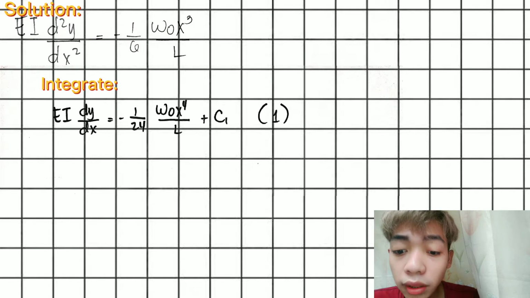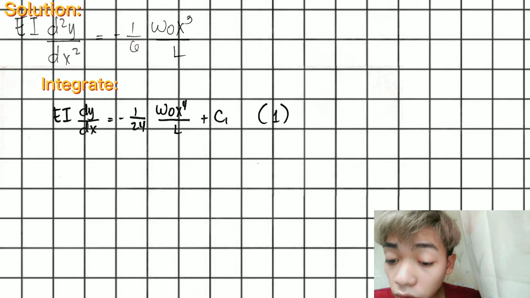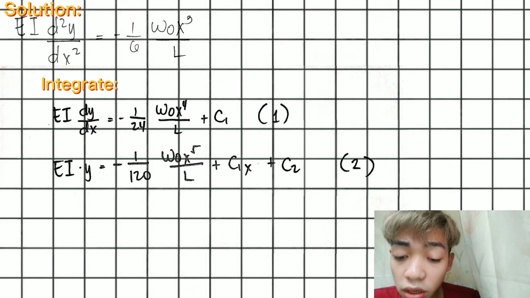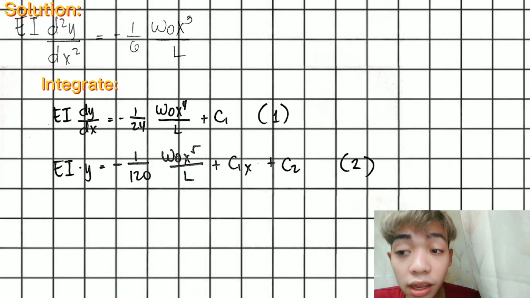First we integrate it. EI dy over dx equals negative 1 over 24 W initial x to the 4th over L plus C1. That's the first equation. Integrate it again to get the equation of the deflection. EI times y equals negative 1 over 120 W initial x to the 5th over L plus C1x plus C2.